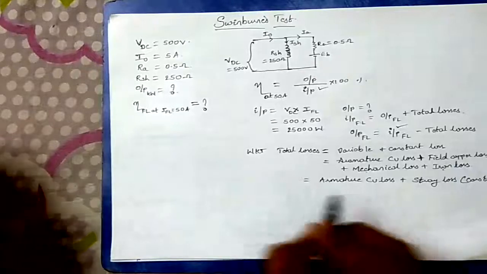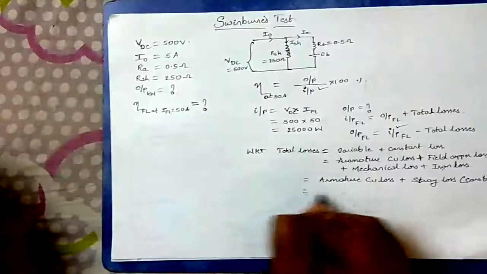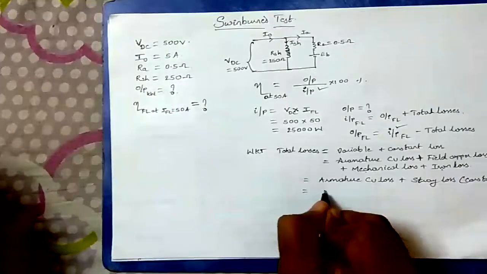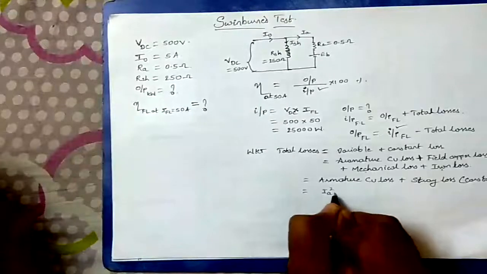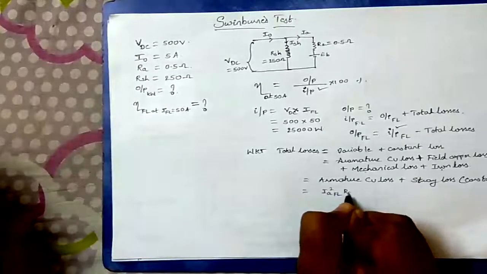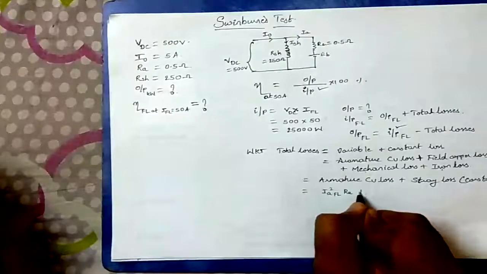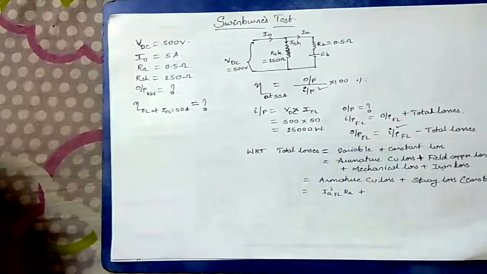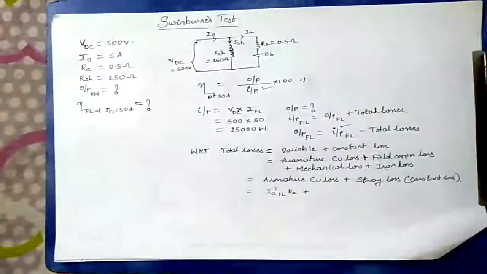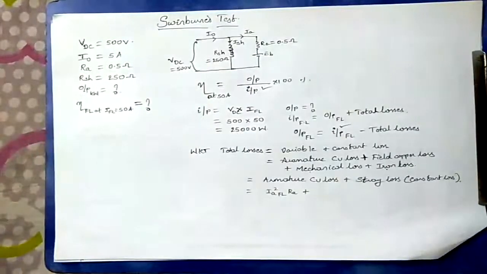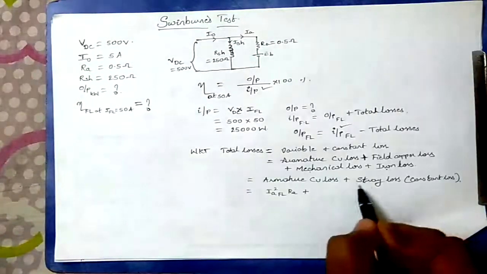Remember that. Now we have to calculate armature copper loss. The formula is I square A FL into RA, which you already know. And stray losses include field copper loss, mechanical loss as well as iron loss. We are going to call them stray loss.